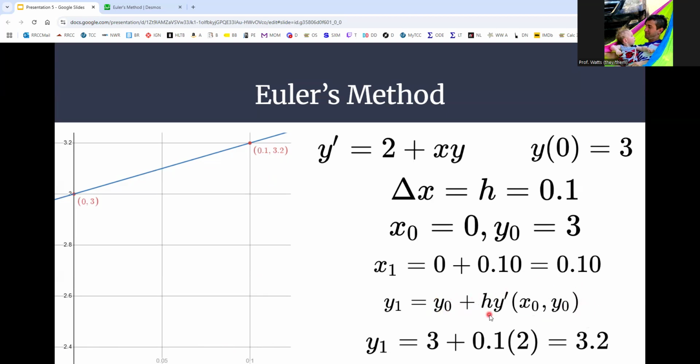So using our notation, delta x is now h, and then the derivative y prime is evaluated at x naught, y naught. So we take those initial conditions of 0 and 3, we put them in the differential equation, and that gave us a derivative of 2. So 3, my initial y value, plus change in x, 0.1, times derivative 2, and I get 3.2 for my new y.